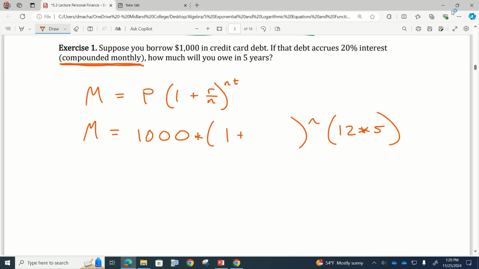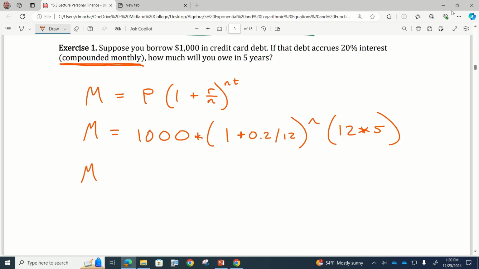So, in your calculator, this is what you can type in. $1,000 times open parentheses 1 plus 0.2 divided by 12 close parentheses raised to the power open parentheses 12 times 5 close parentheses. I see students miss test questions a lot because they forget the parentheses. If you just typed in 1 plus 0.2 divided by 12 raised to the power 12 times 5, it'll give you the wrong answer. It'll do some other math, right? You need the parentheses to group things how they're supposed to be grouped.